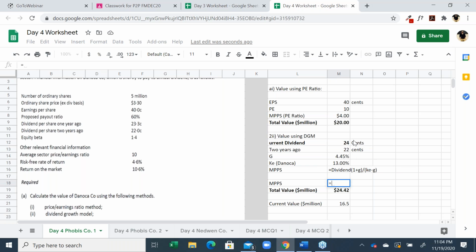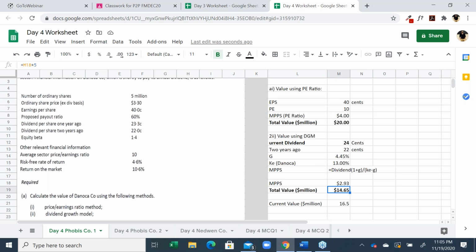The current dividend is 24 cents into 1 plus growth, which is 4.5%, divided by K minus G. Okay, yeah.